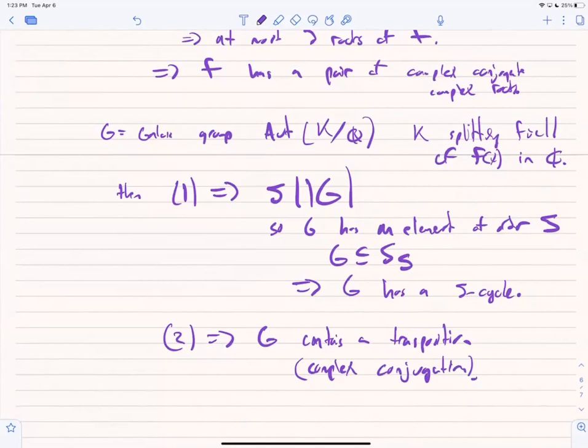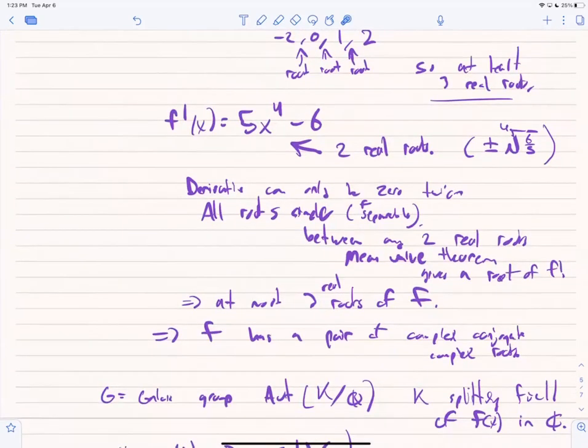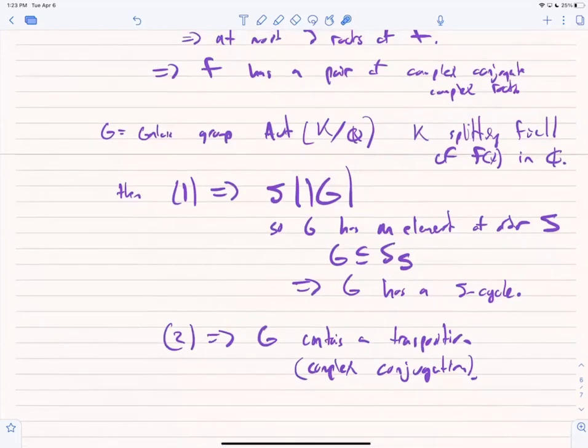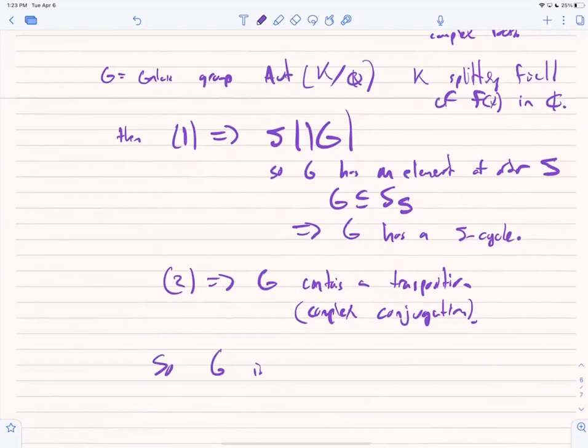So in particular, it fixes the rational numbers, and it also has to fix any splitting field inside of it. So it fixes K, and complex conjugation restricts to an automorphism of K. We know exactly what it does: the 3 real roots it just fixes, and the two complex conjugate roots get swapped. So this gives a transposition. So G is S5, because S5 is generated by a transposition and a 5 cycle.